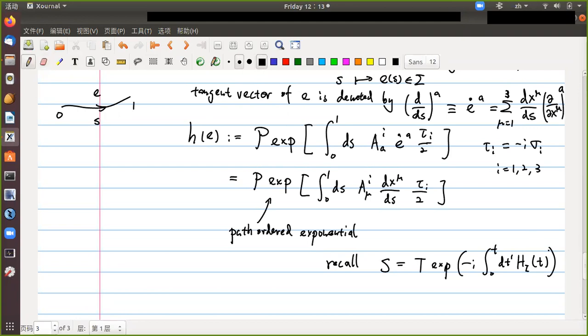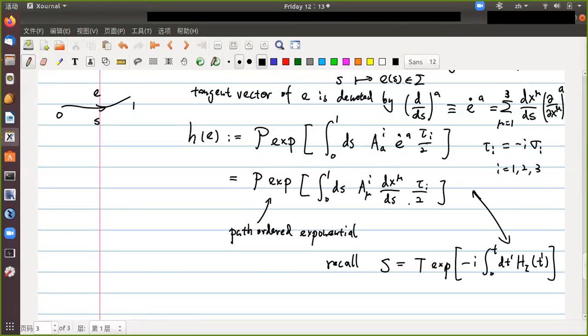Or even in quantum mechanics, if you go to the interacting picture and compute the transition amplitude, you define the transition amplitude, or S matrix, to be a time-ordered exponential of the Hamiltonian. This is because your Hamiltonian is time dependent. They are really the same thing, very similar.